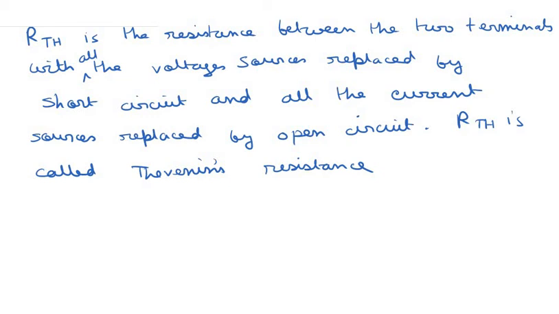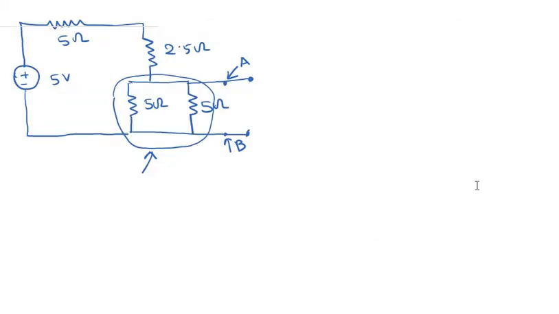So let us calculate what is the value of RTH between these two terminals A and B. What do we want to do first? As I stated, to calculate the Thevenin's resistance, all the voltage sources should be replaced by short circuits.